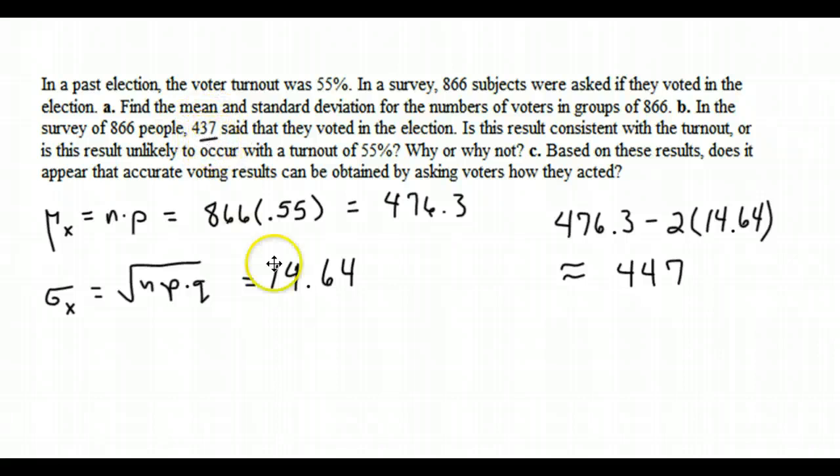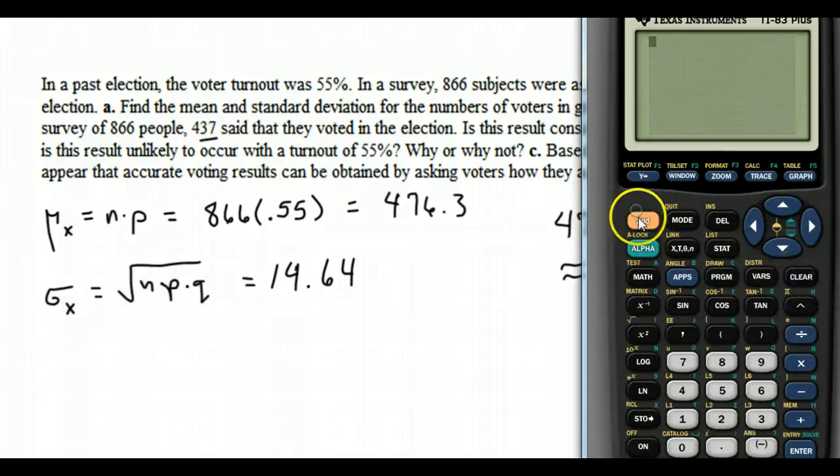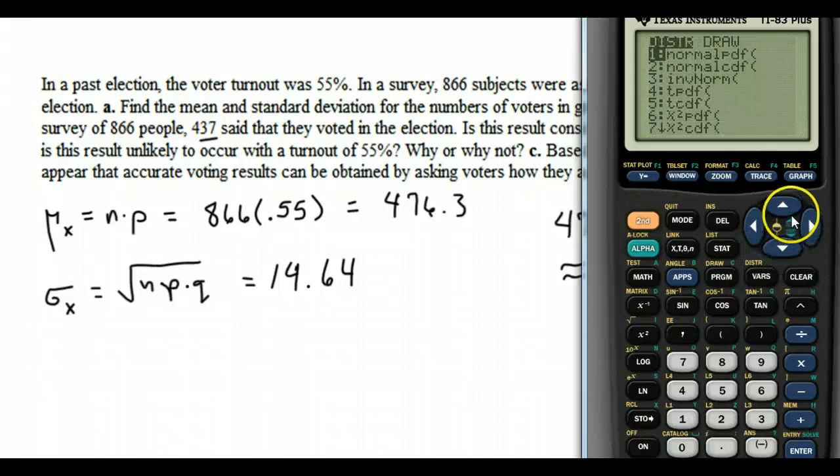Alright, but another way we could do it is the binomial CDF, because in reality, what we should do here is look at the likelihood of seeing something this far away from the mean or further. We talked about that in one of the last videos. So this is the binomial CDF that does that for me. Second, distribution, binomial CDF.